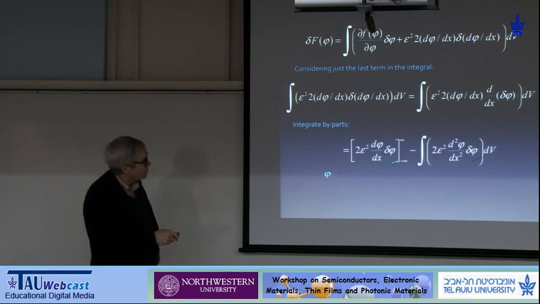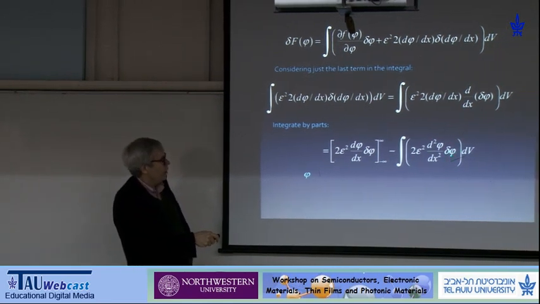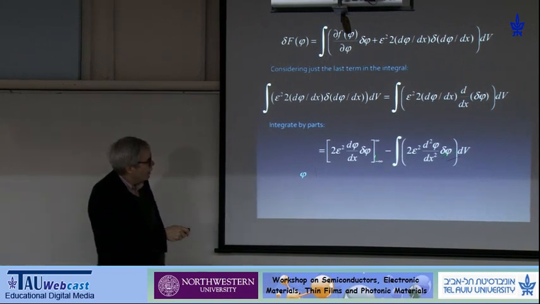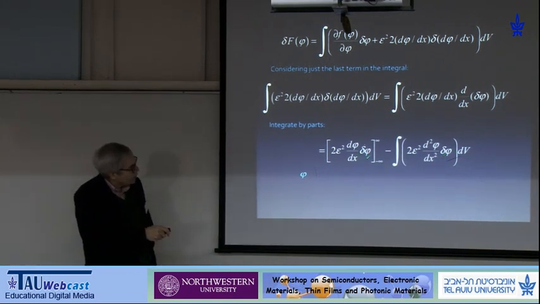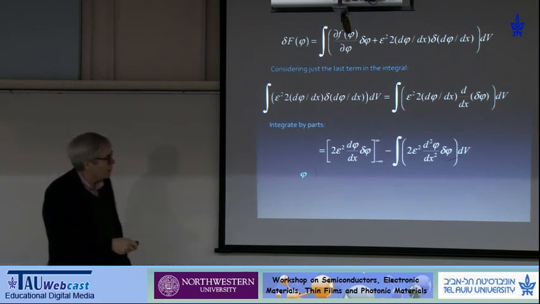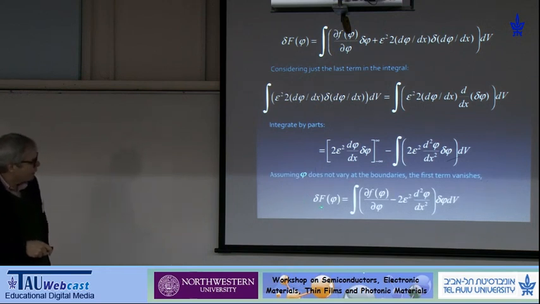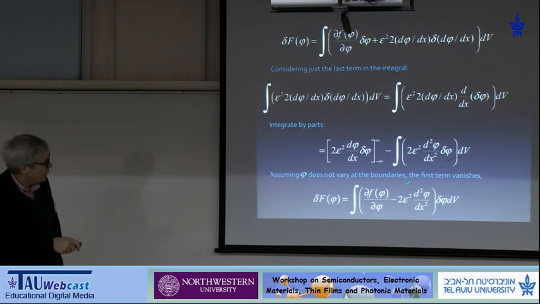Since you've thrown the derivative over, you get a second derivative times the variation in phi. If you say that the value of the derivative is 0 at the boundaries, in other words, we don't have any free surfaces at plus or minus infinity, you can pull this term together with this, and you get this bracket times delta phi.